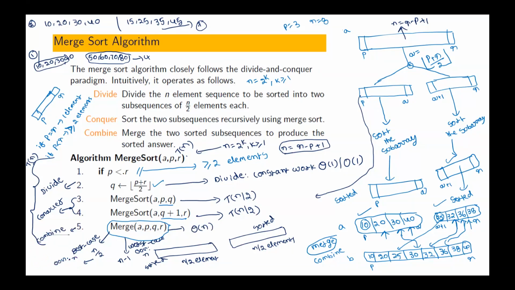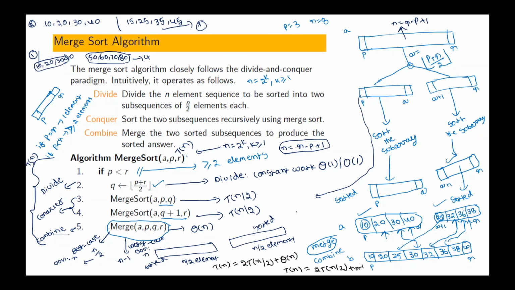So T(n) is some constant work, constant plus T(n/2) plus T(n/2) plus theta of n. So T(n) can be written as 2 times T(n/2) plus theta of n, plus theta of 1 is theta of n only. Or some people write this as T(n) is 2 times T(n/2) plus n minus 1.